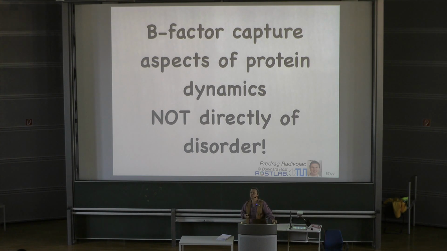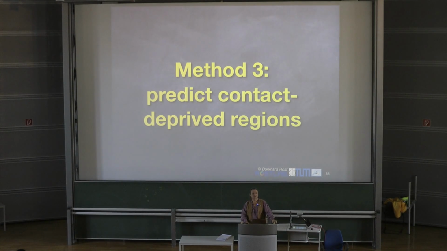Another way in which you could go at trying to predict disorder is by looking at contact density. That's very simple. The idea here is when you have a wobbly chain and the chain does not form any contacts, then it can wobble around. If, however, you have a situation where every part of this chain binds somewhere else, then you have a highly confined, constrained problem, and then you cannot have disorder.